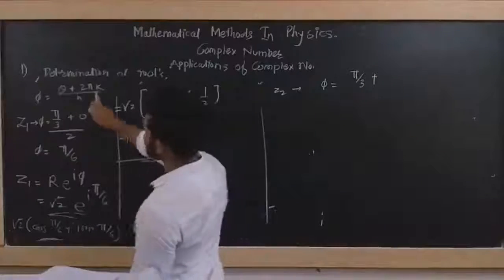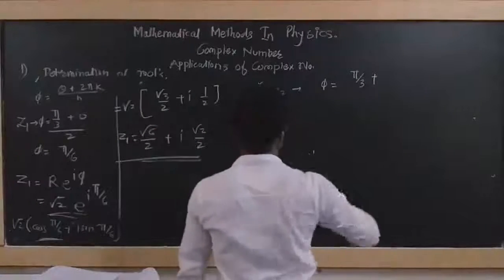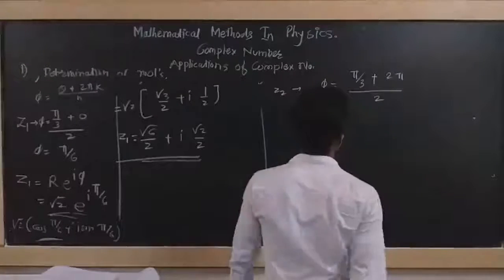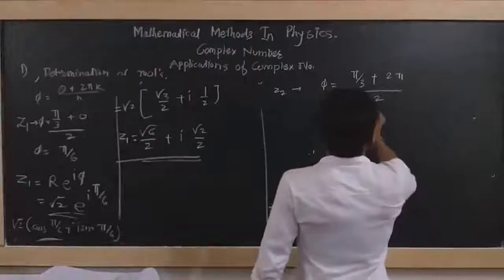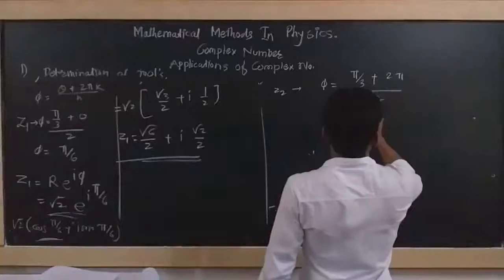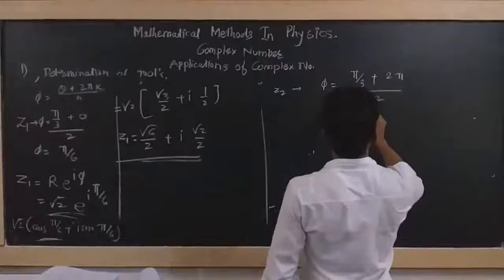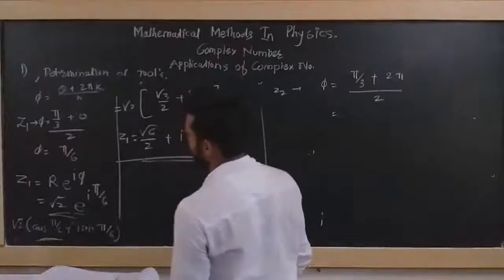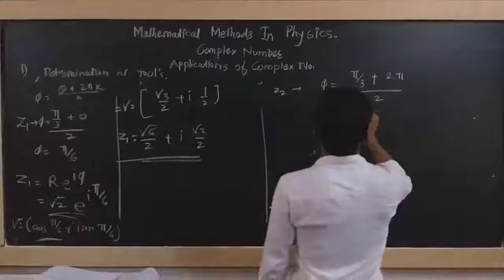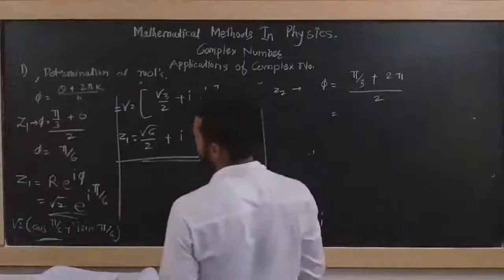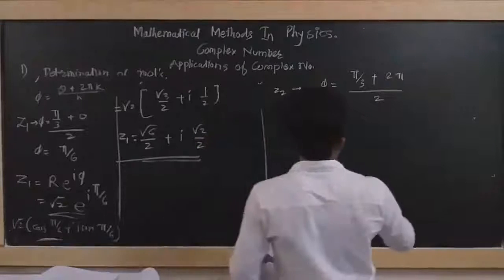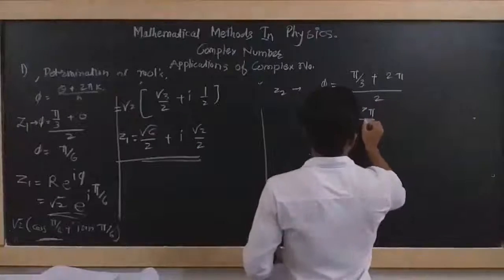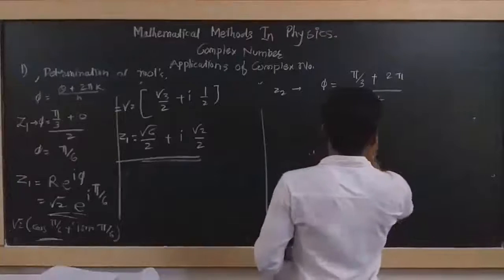For k equal to 1, for the second root, 2 pi upon 2. So the answer is 7 pi by 6.